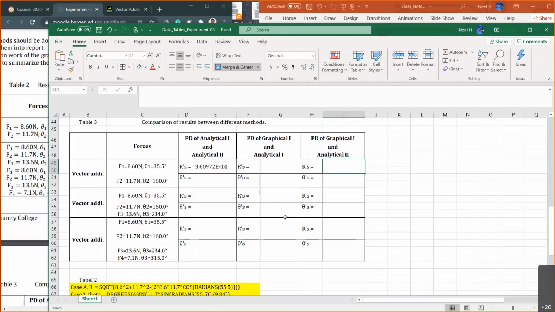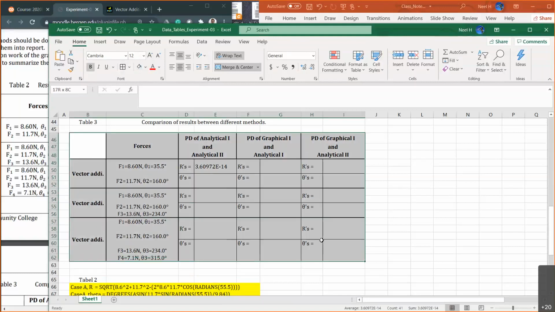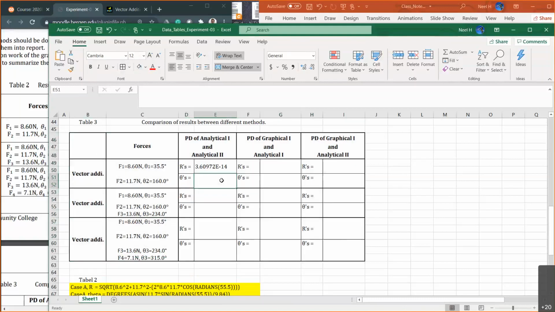Okay, so can you guys do that? This table can be skipped for today's data sheet submission, but you need to complete everything by next week. If you have any difficulty, always reach out and ask.